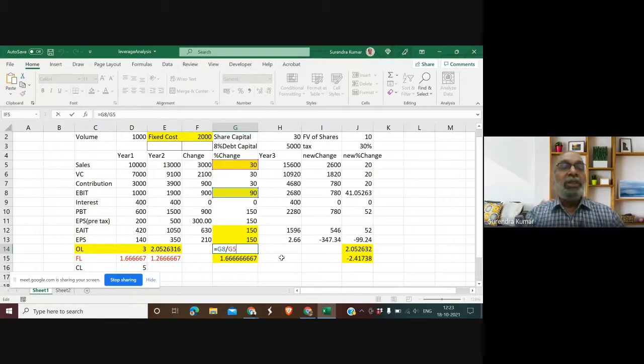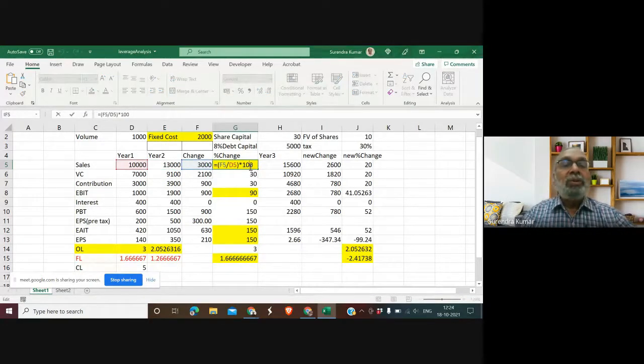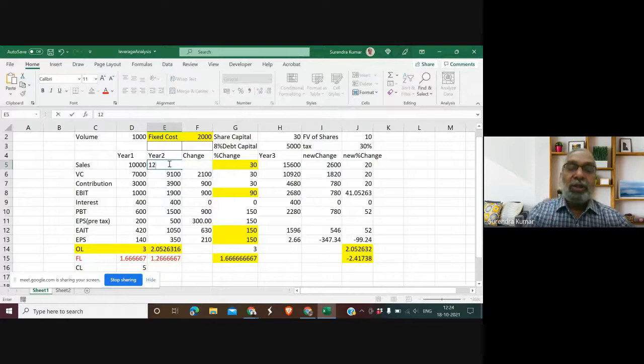Let me show this change not as 30% but 20%. Now to show this change, let me say this is 12,000. Where is that information of the change? Let me check.